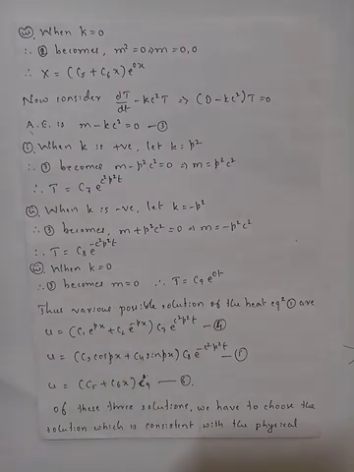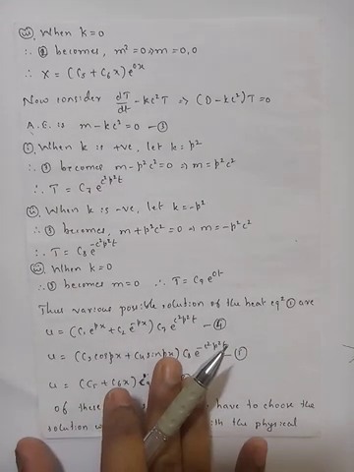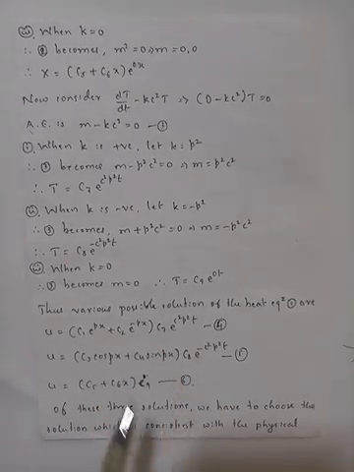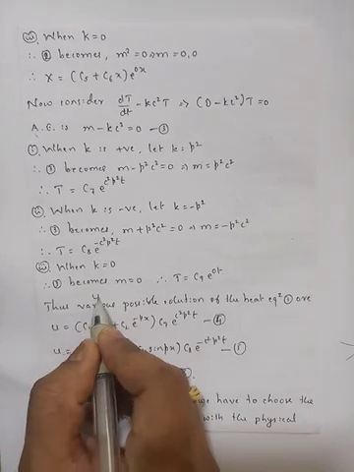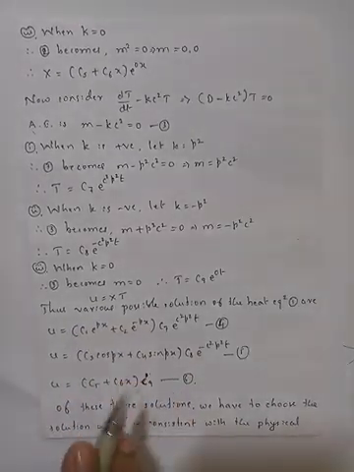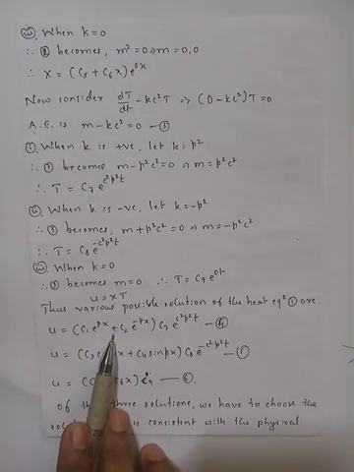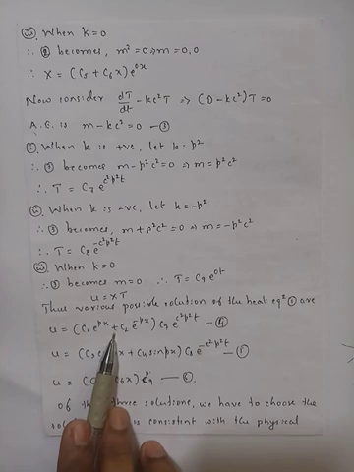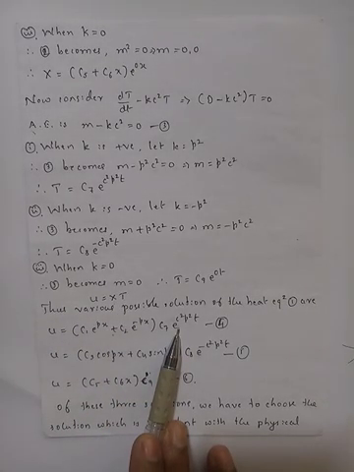Now we are going to substitute the values of x and t. The assumed solution is u equal to x into t. First we substitute the value of x and the value of t when k is positive.